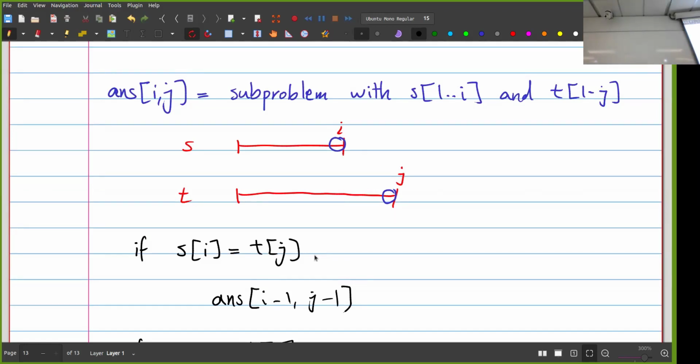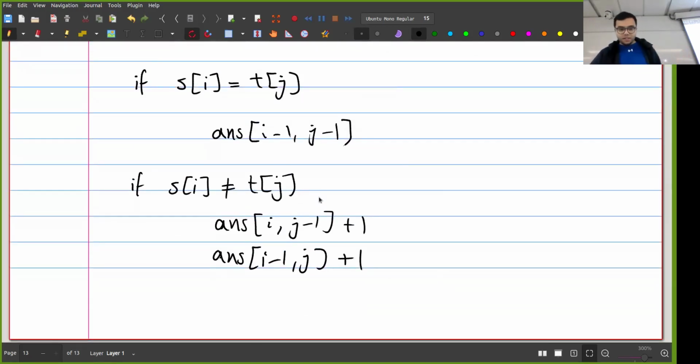Or I can just match them, right? And if I match them, that's basically saying that I want to change this letter to match the last letter of T. That's also one operation, but then I have to match the first I minus 1 letters of S with the first J minus 1 letters of T. So I would get the answer of I minus 1, J minus 1 plus 1.